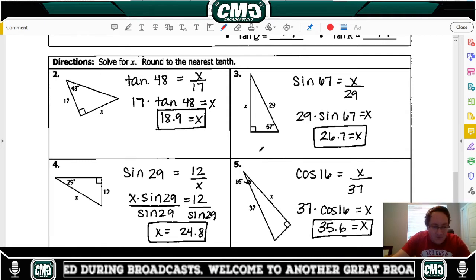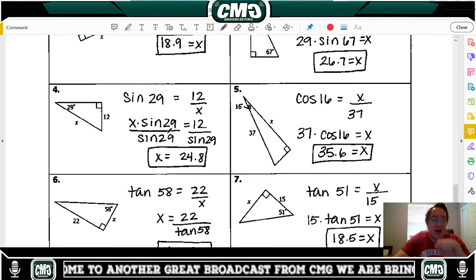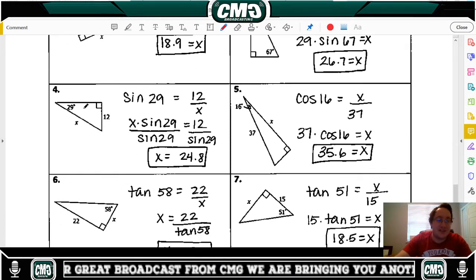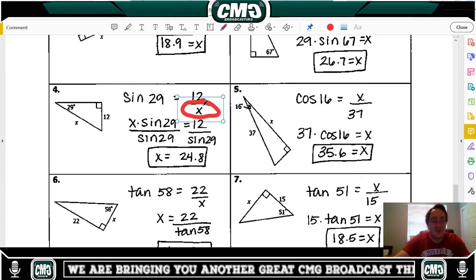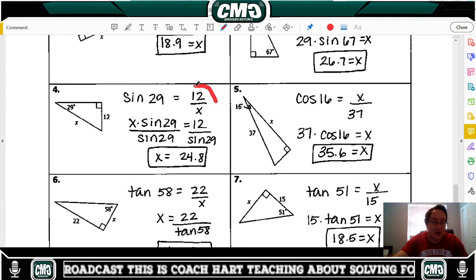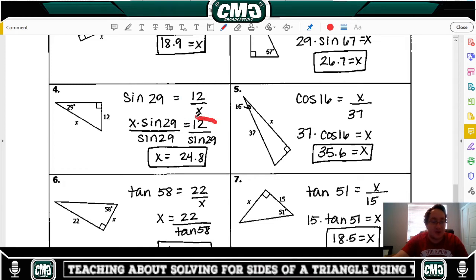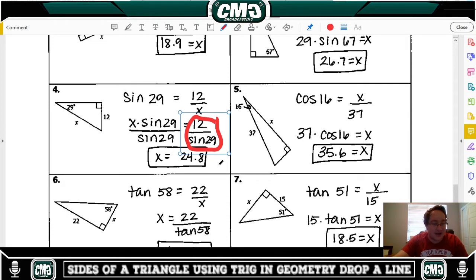Now, when we get to ones like number 4 and 5, notice the setups have x being on the bottom of the fraction. What I want you to notice is the difference between what we have here. For that one, we have 12 over x, and notice what it becomes is 12 over the sine of 29.